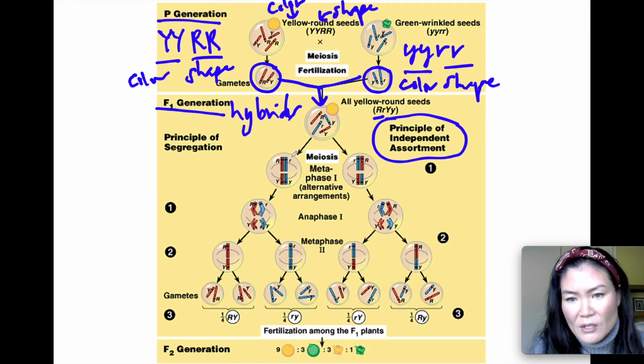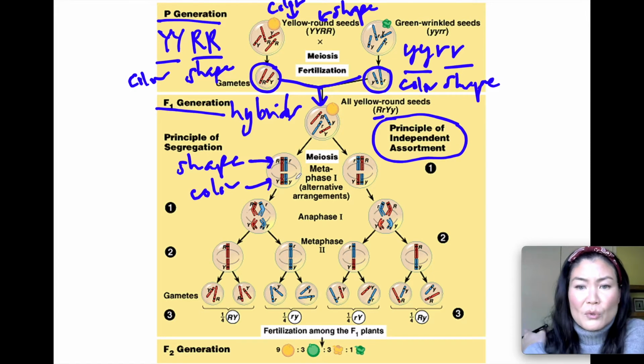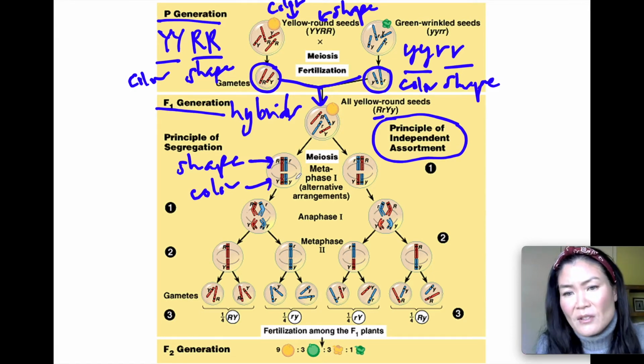Do you see that? Here you have the gene for seed shape and the gene for seed color, found on different chromosomes. So the way they move into the gametes is completely independent of each other, because they're found on different chromosomes.